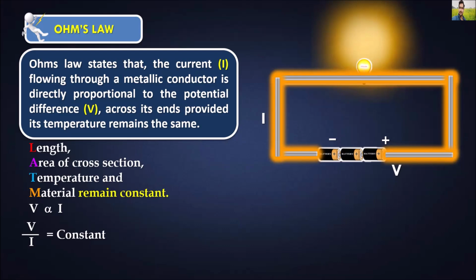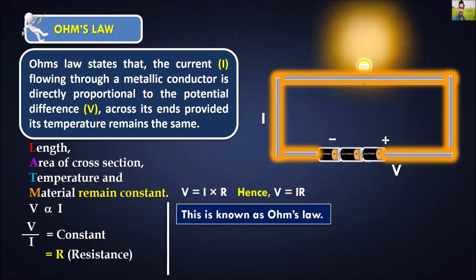Or else you can say the ratio of V and I, the ratio of electric potential and electric current, is constant. This constant is represented by capital R and is known as resistance. Or else we can say V equals IR. This is known as Ohm's law.